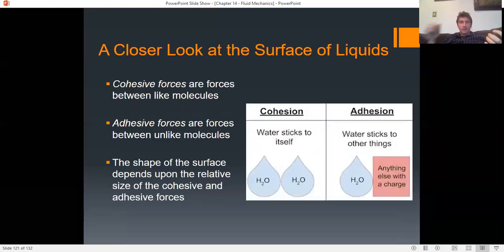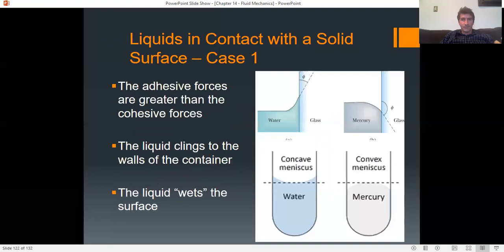So, a closer look at the surface of liquids. Cohesion is the process where a liquid will stick to itself. Adhesion is a process where water sticks to other things. This leads to what we call a meniscus.